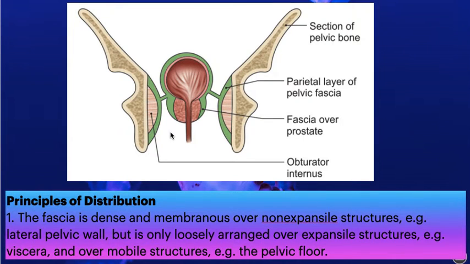Now, principles of distribution. The fascia is extremely dense and membranous over the non-expansile structures, that is the lateral pelvic wall, but only loosely arranged over the expansile structure, that is the viscera, or over the mobile structure, that is the pelvic floor.